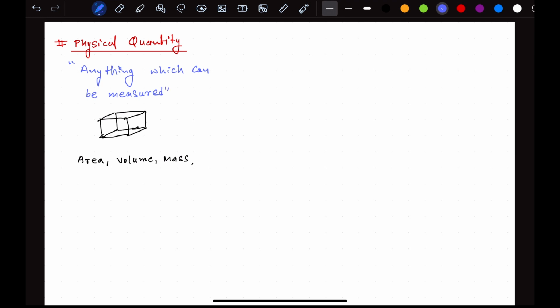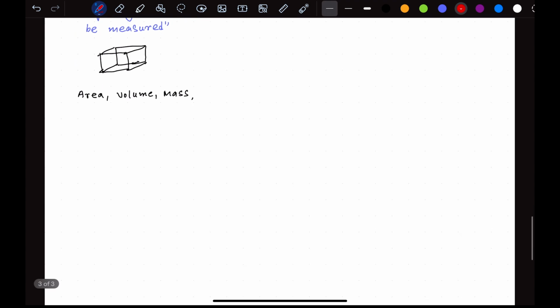Okay. Now, how do we measure the physical quantity? That is the next thing. Just think about it. If I ask you, what is your height? Probably you will say 5 feet 7 inches, depending on the person, right?